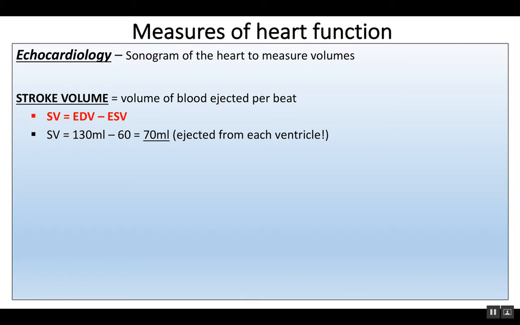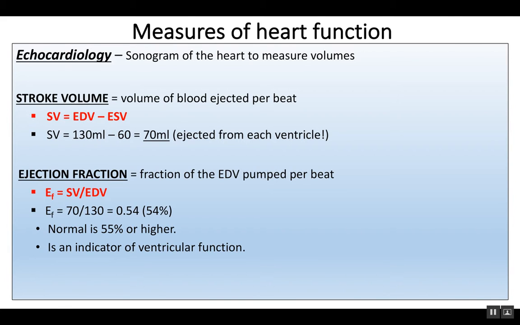So we can measure the volume in a ventricle and then calculate how much was pumped out. So if you started with 130 and you're left with 60, you obviously must have ejected 70 milliliters. So that's one thing that this information can tell you.